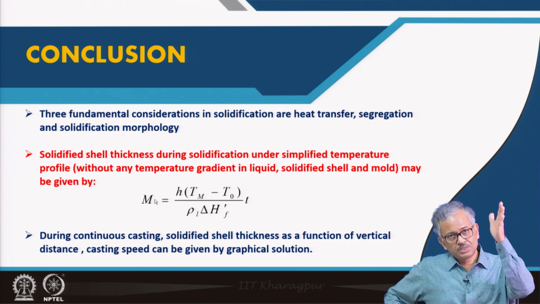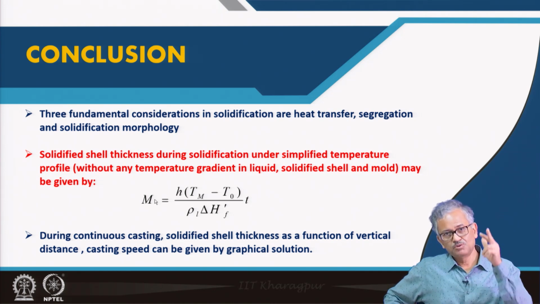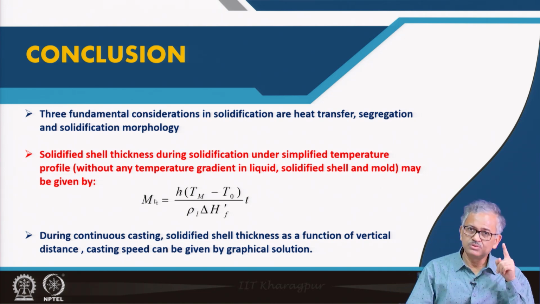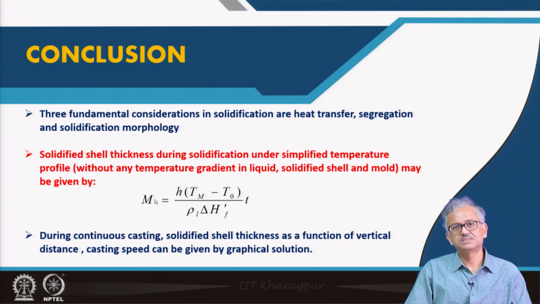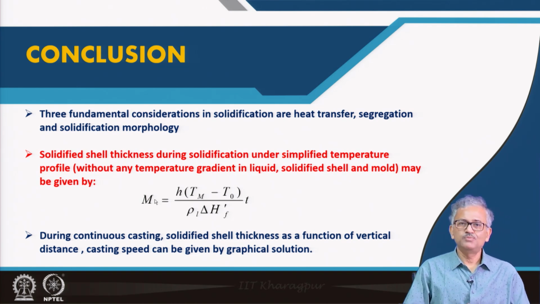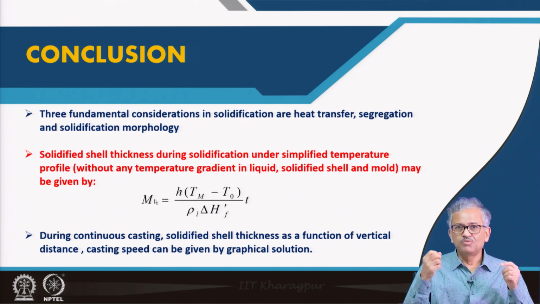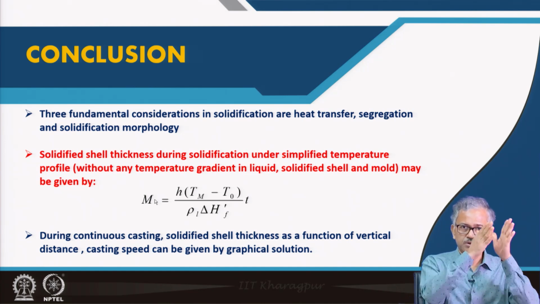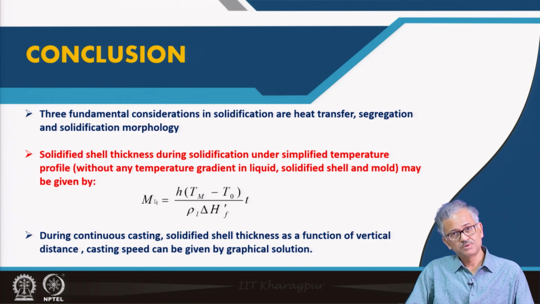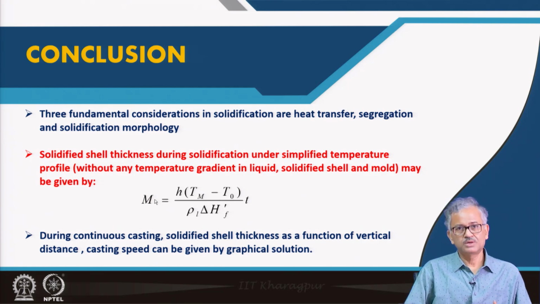Besides, at the mold wall there is the heat transfer coefficient H. H also is unlikely to be constant across the wall; it can vary across the axial distance, because it is very difficult to maintain a constant heat transfer coefficient since the mold flux distribution is not very uniform across the axial distance. But we have assumed a constant heat transfer coefficient at the wall.